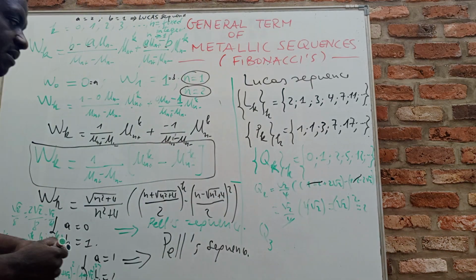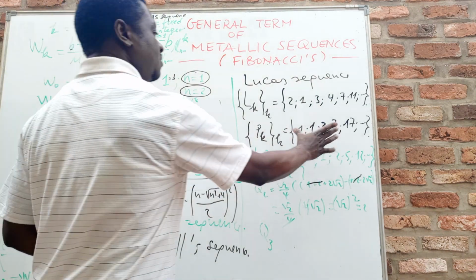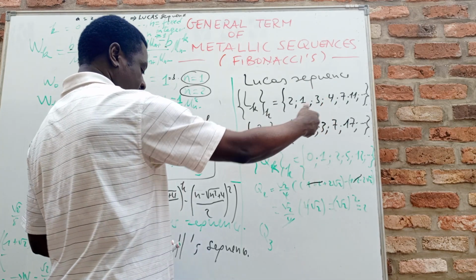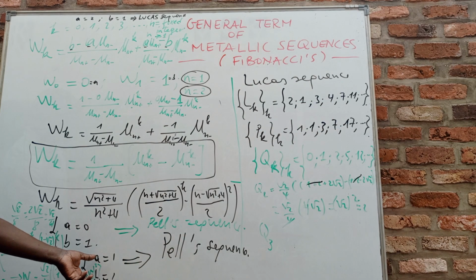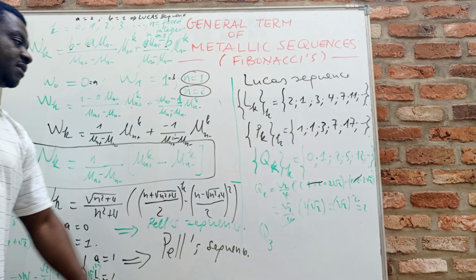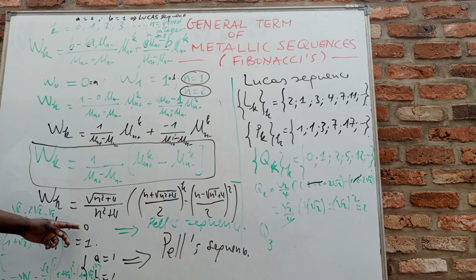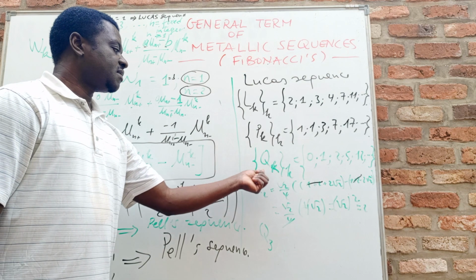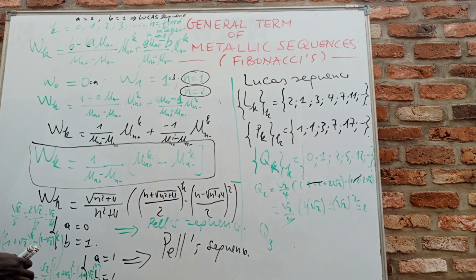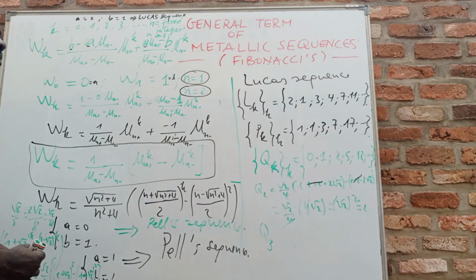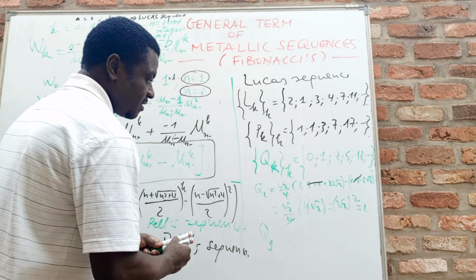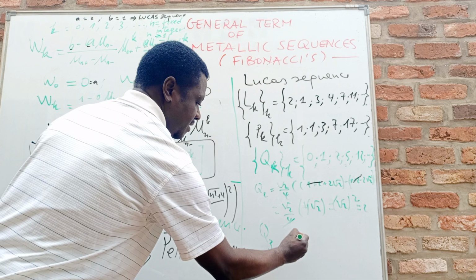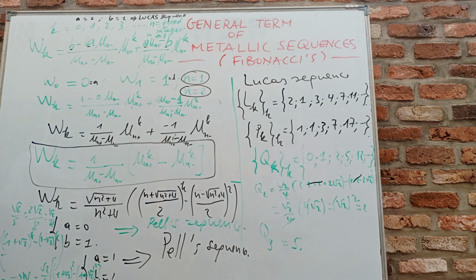And these are Pell numbers as compared to these ones, which are a general form when starting with the initial conditions a equal to 1 and b equal to 1. We have these numbers, whereas with a equal to 0 and b equal to 1, we're going to have these other numbers which are specifically what are called Pell numbers.